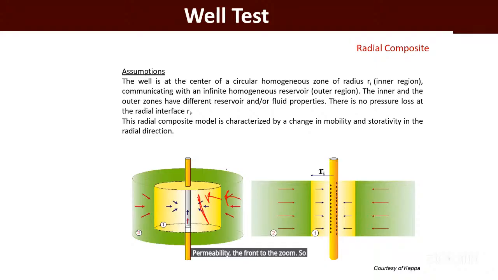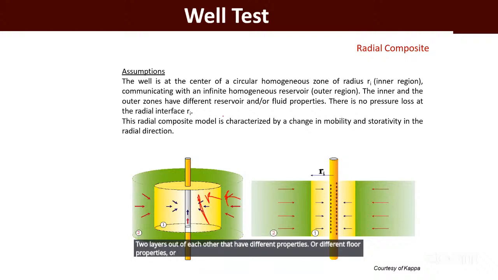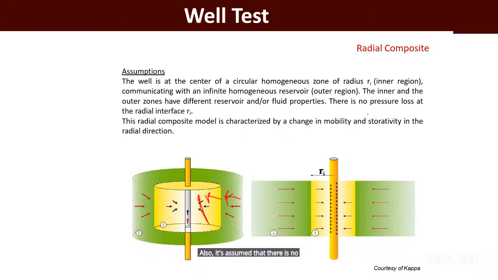So we can have two layers, one outside the other, that have different flow properties, or different reservoir properties. Also, it's assumed that there is no pressure loss at the radial interface.